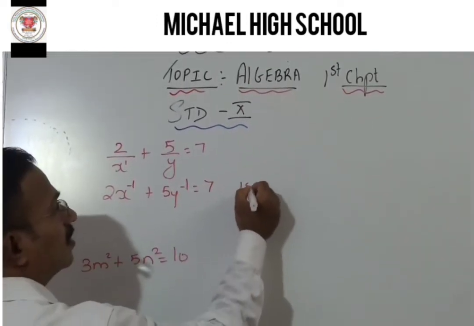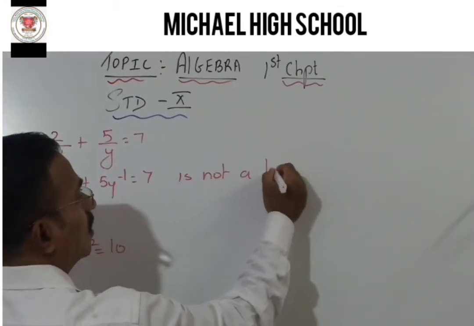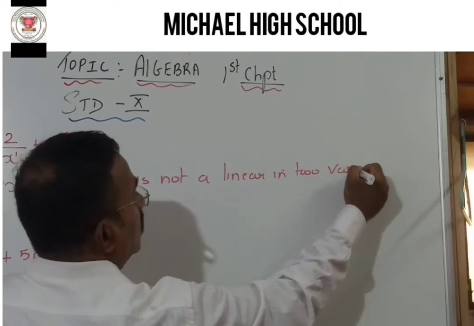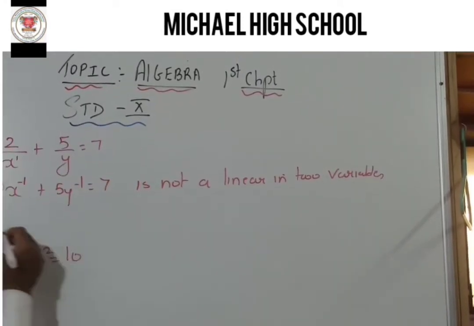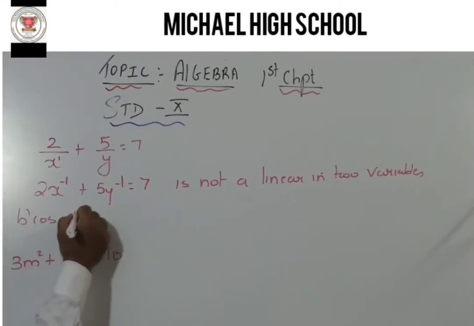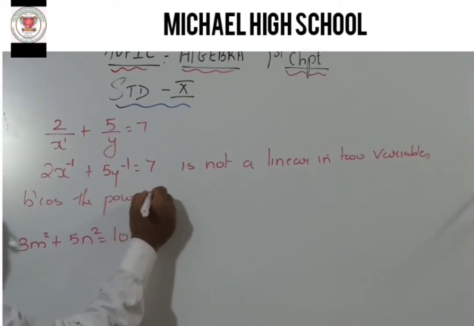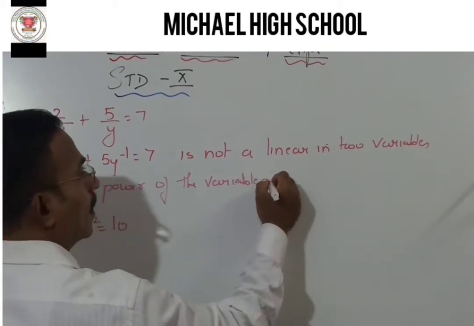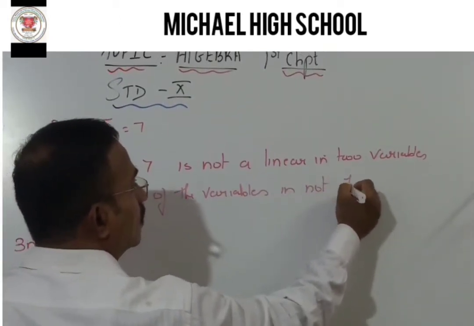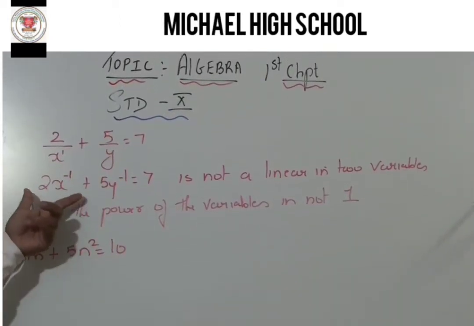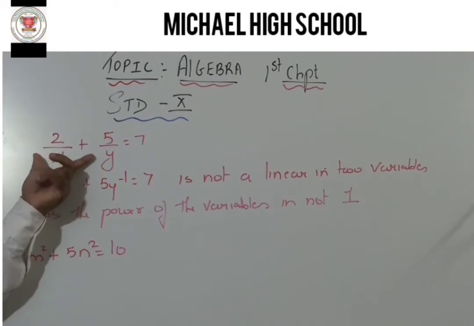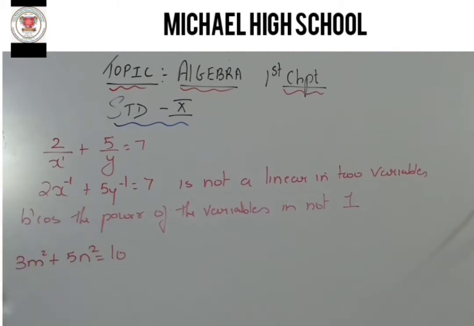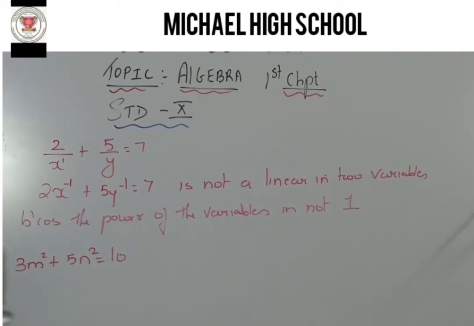So it is not a linear equation in two variables because the power of the variables is not 1. But this can be converted into a linear equation if I substitute and get the values, which I will show to you in the later lessons.